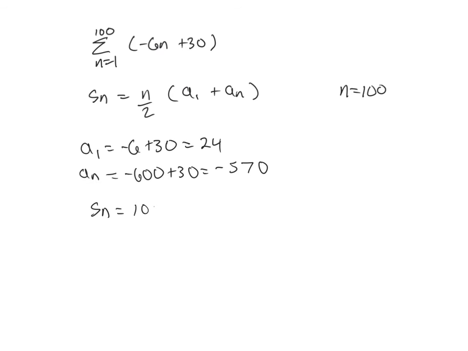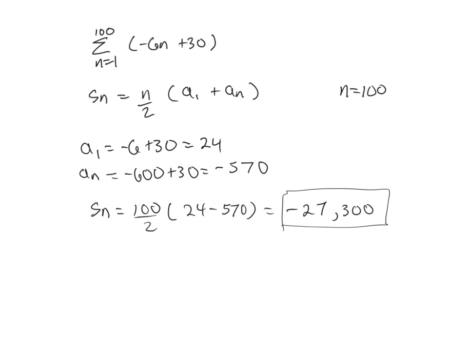So this becomes 100 divided by 2 times 24 minus 570. Punching this in, adding it all together, times 100, divided by 2, I get negative 27,300 for the partial sum of n equals 1 to 100.